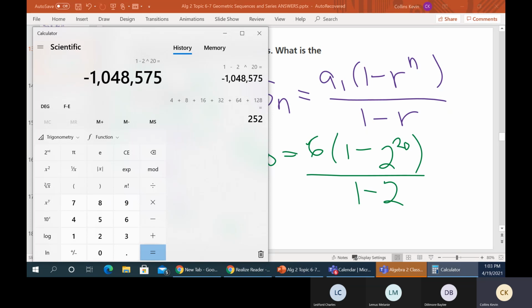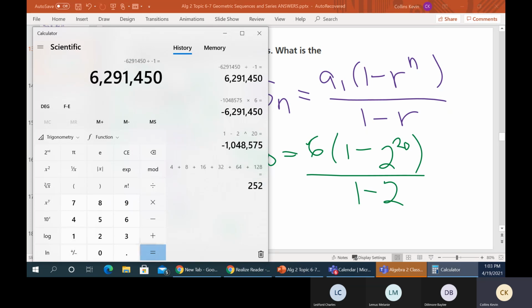All right, and then we're going to take that times 6, which is a BAN times 6, right? And then the bottom is 1 minus 2, so that's really just negative 1. So we're dividing by negative 1, which means we're really just going to switch the sign. And we get this wicked big number.